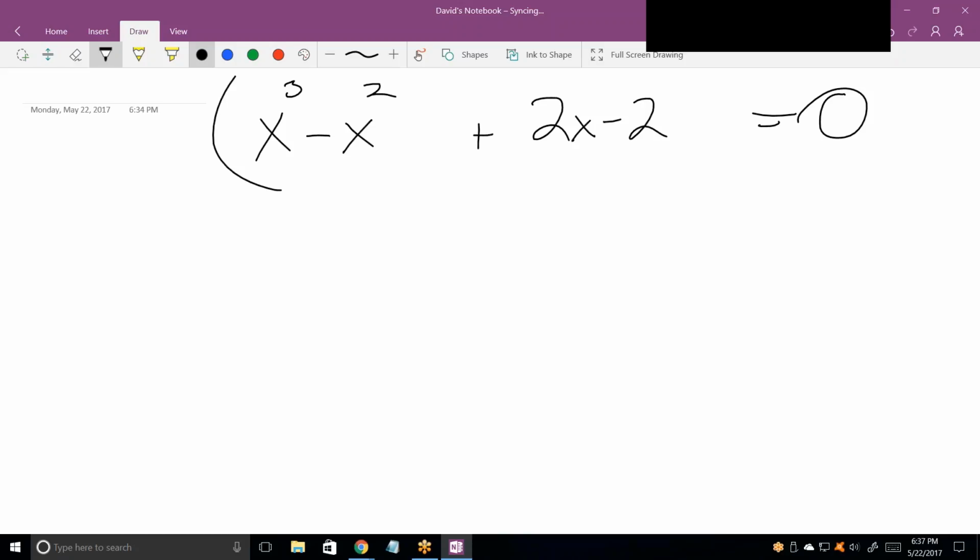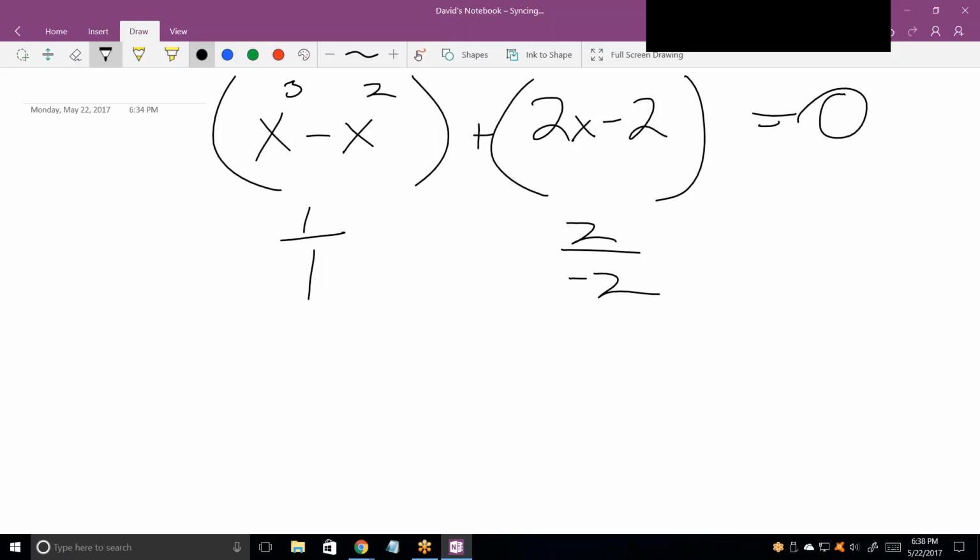What has to be true for you to be able to group these is the ratio of these two coefficients has to be the same as the ratio of those two coefficients. Are they the same? Yes they are the same. Since that's minus 1 and that's minus 1, they are the same. And that means that it lends itself to grouping.